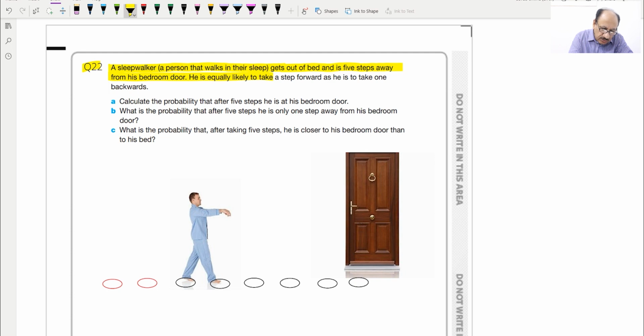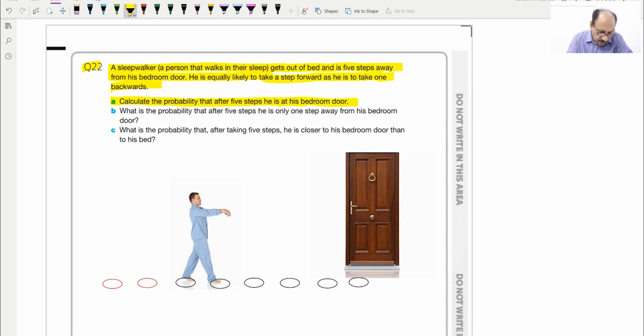He is equally likely to take a step forward as he is to take 1 step backwards. So A part: calculate the probability that after 5 steps he is at his bedroom door.